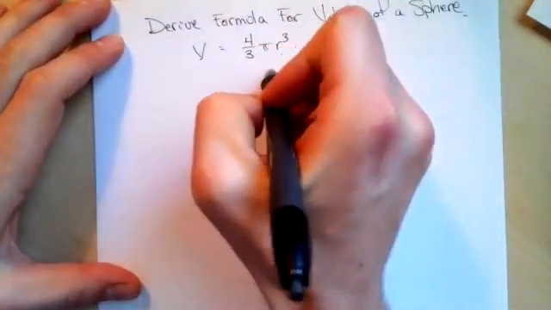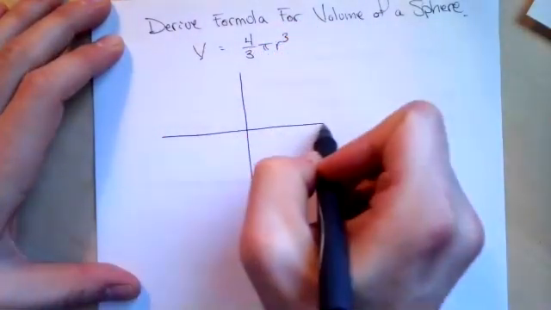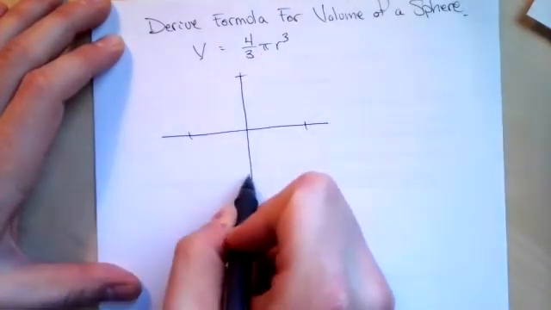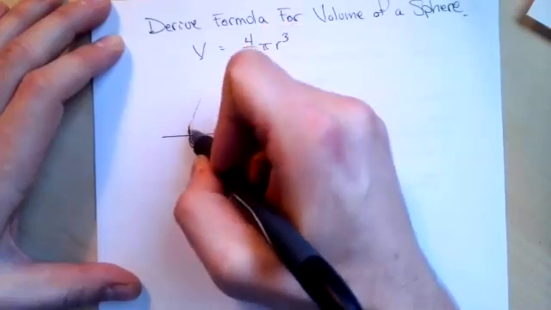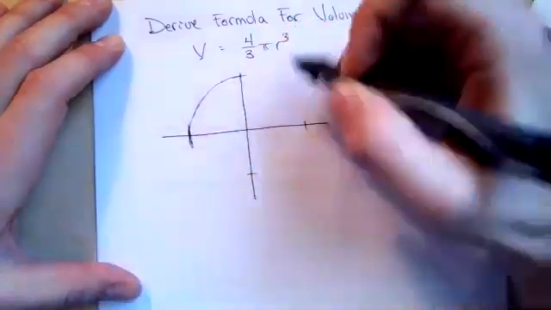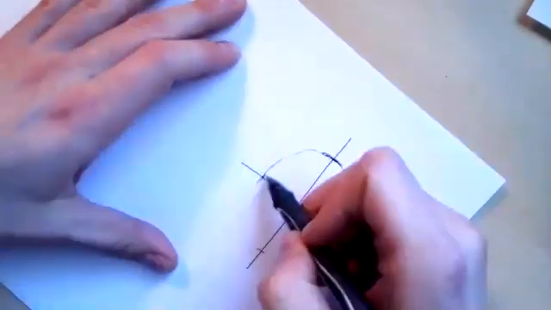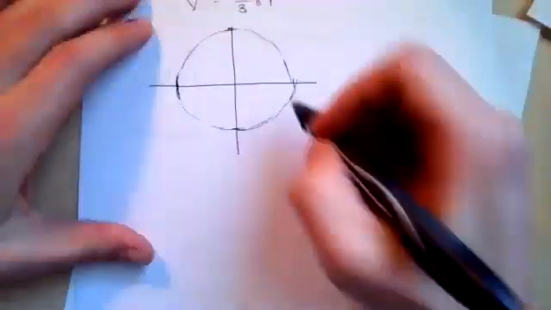Let's give ourselves some coordinates and draw our sphere. See how well we can draw a perfect circle here. Looks like we've got some oblongness. It's going to happen. So draw yourself a sphere.